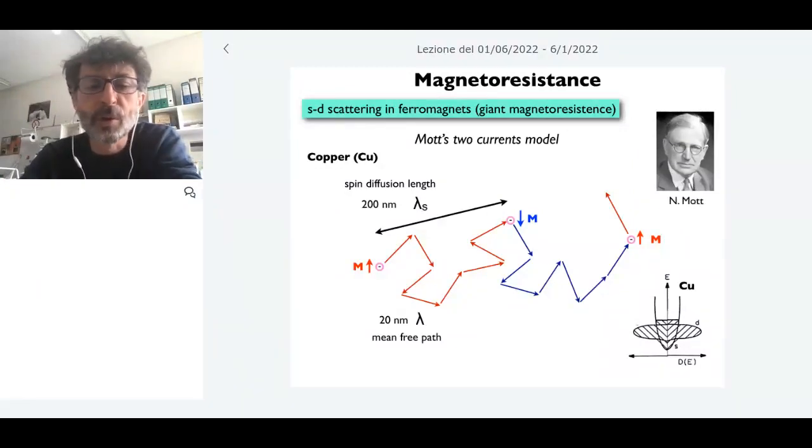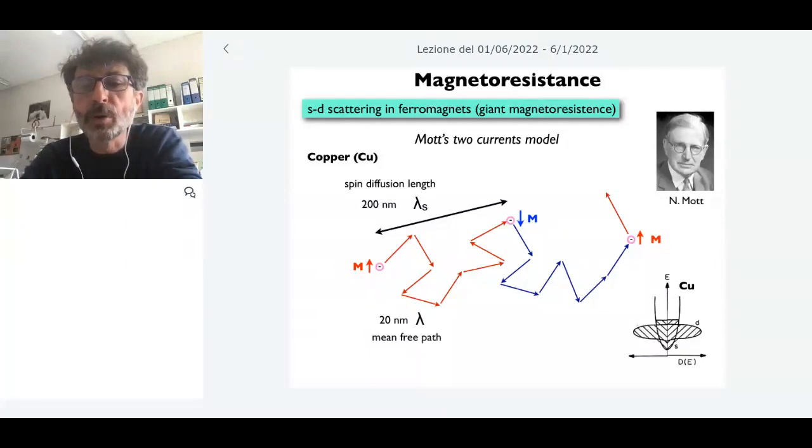He's quite famous for many things, but one of them is the so-called two currents model, which exactly states the idea that I mentioned before. The two currents model is based on this idea. Why can we consider up electrons and down electrons as parallel channels in the conductivity?